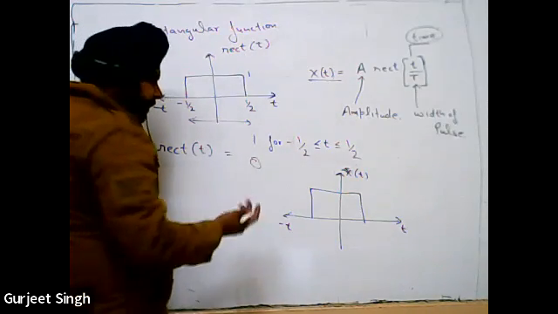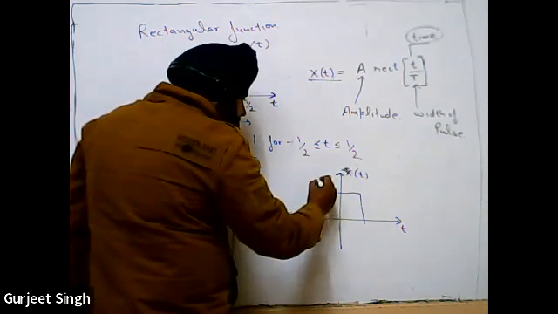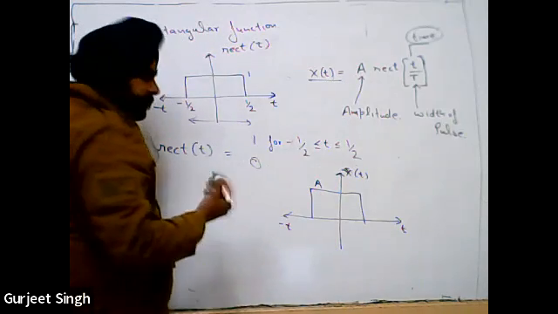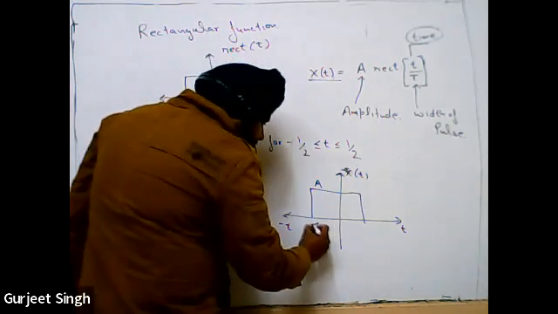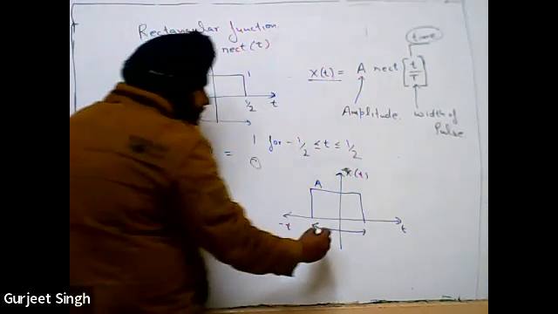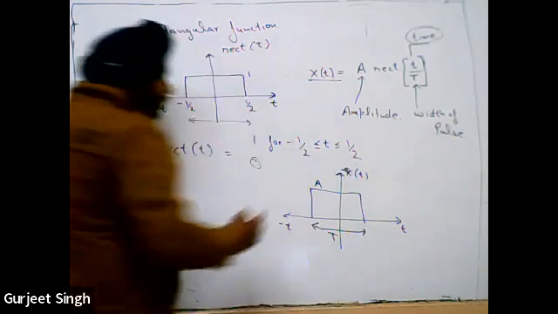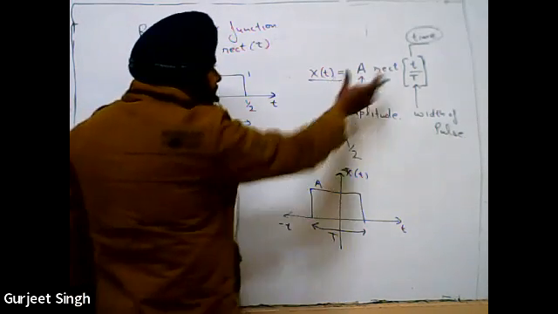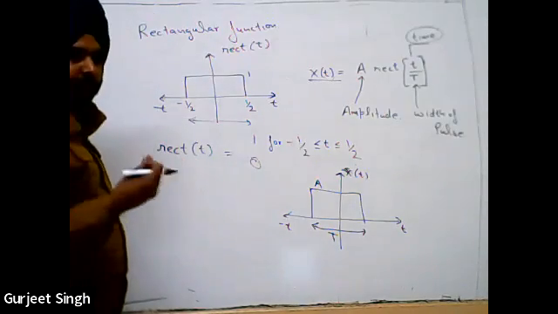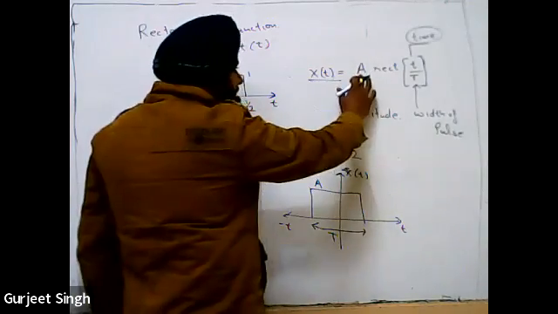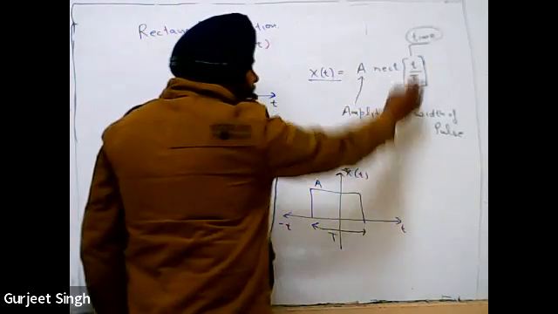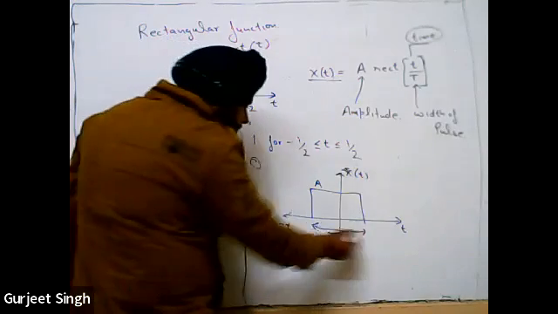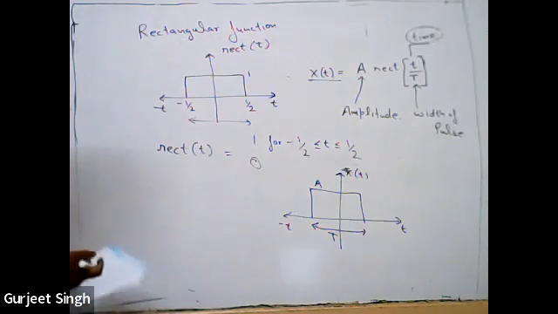The amplitude of this rectangular pulse is capital A, and the width of this rectangular pulse is capital T. This is represented by the equation x(t) equals A rect(t/T): A is the amplitude, t is the time, and capital T is the width of the pulse.